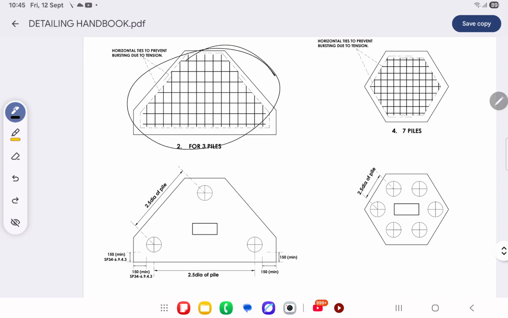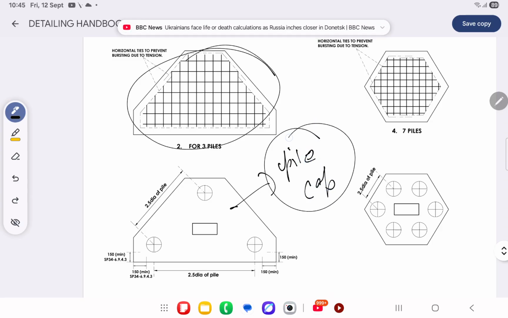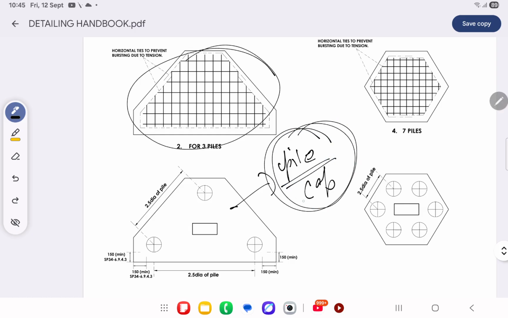This is the pile cap. The pile cap should be like this. If you are going to design the pile and pile capacity, and according to pile capacity you need only 3 piles, then in this case you will directly go for the pile cap capacity.